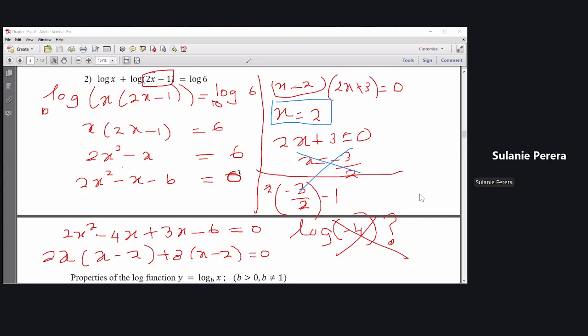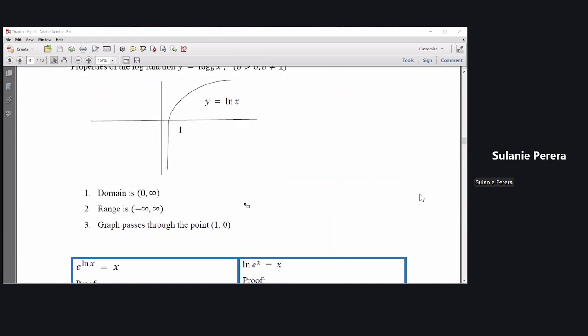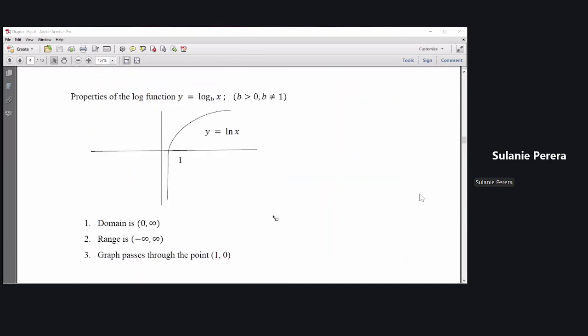Okay, if not, the next topic is properties of log. Just like for exponential functions, there are some properties for log as well. The domain is 0 to infinity. Remember, earlier also I said log is not defined for negative values, right? So log minus 4 does not exist.